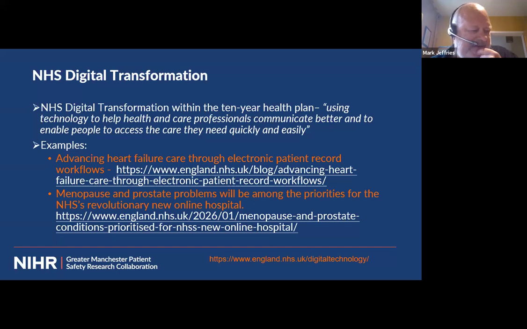One of which is around using electronic health records to further pursue clinical workflows and to get people moved through the system much more quickly around heart failure. The second one is around people having fast access to services for things like menopause or prostate problems.